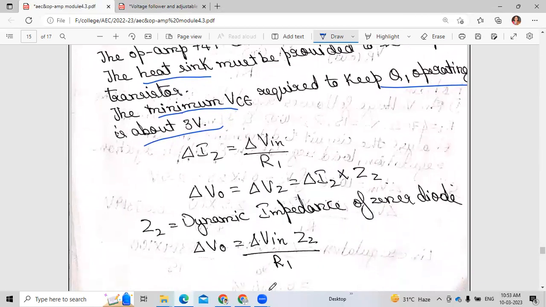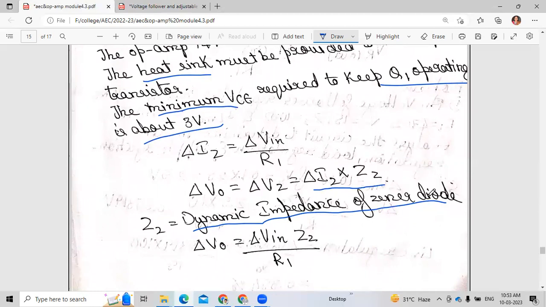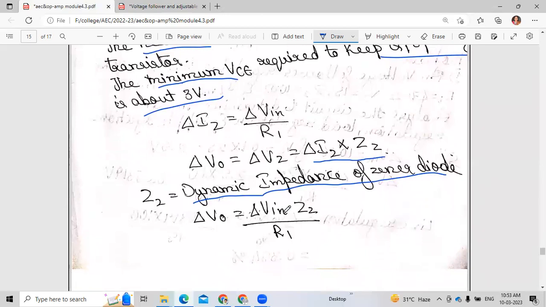So delta V0 equals delta VZ equals delta IZ times ZZ, where ZZ is the dynamic impedance of the Zener diode. Delta V0 can be written as delta Vin times ZZ divided by R1.